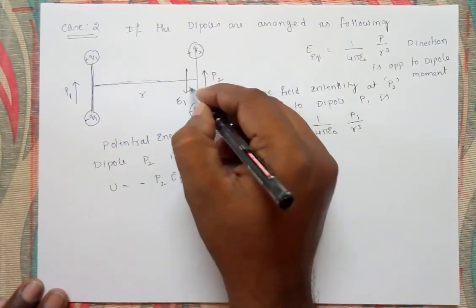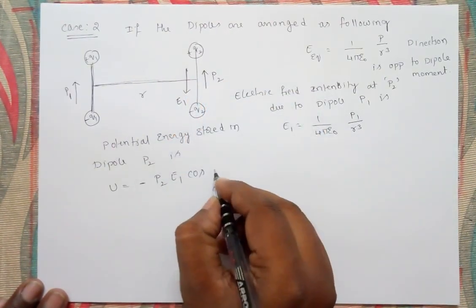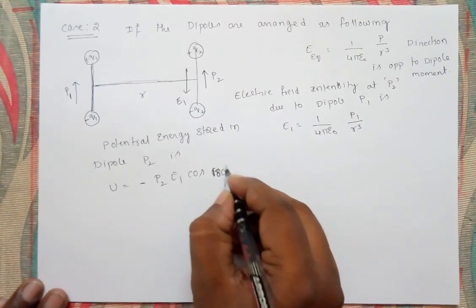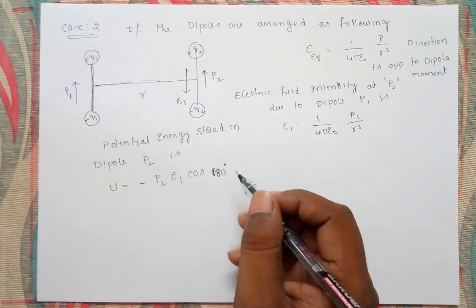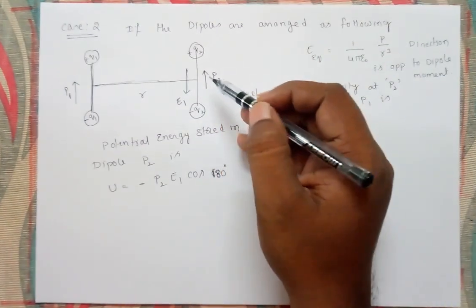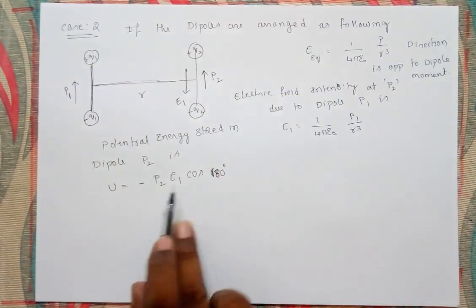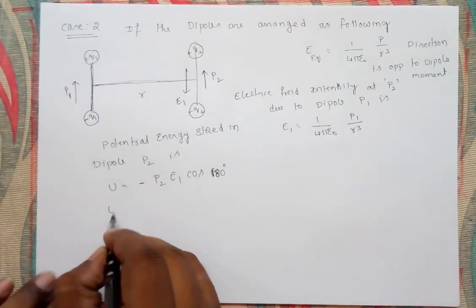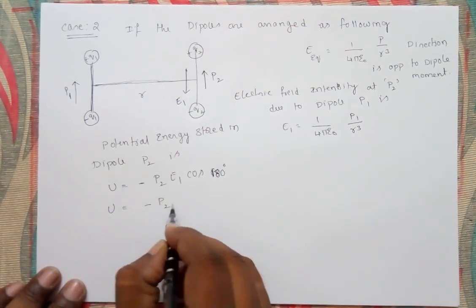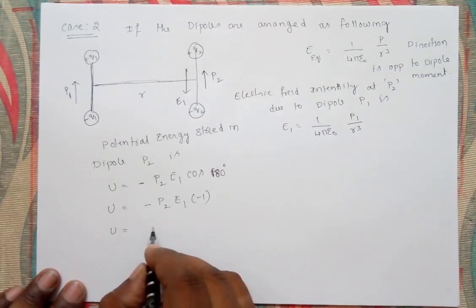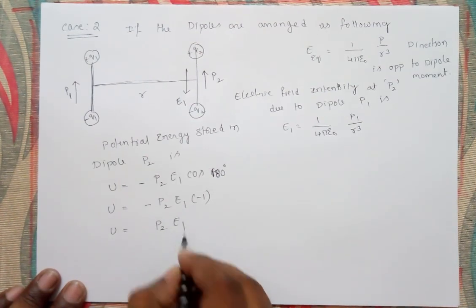What is the angle between these two? They are opposite to each other, so cos 180 degrees, because the electric field intensity and the dipole moment are opposite to each other. So the angle between P2 and E1 is 180 degrees. So U equals minus P2 E1 cos 180, which is minus 1. So U equals P2 E1.